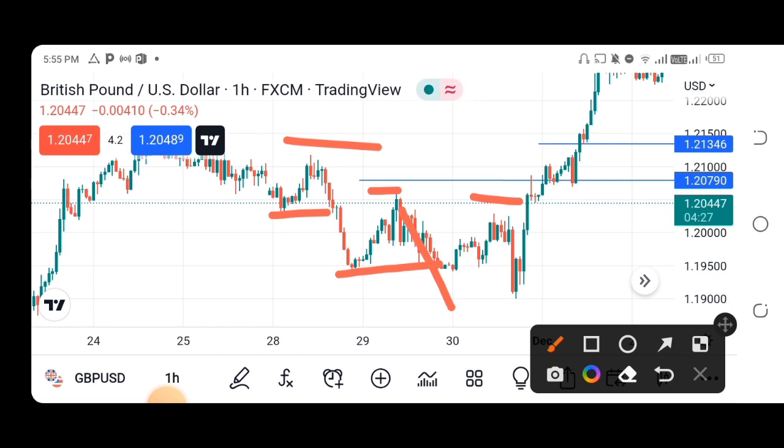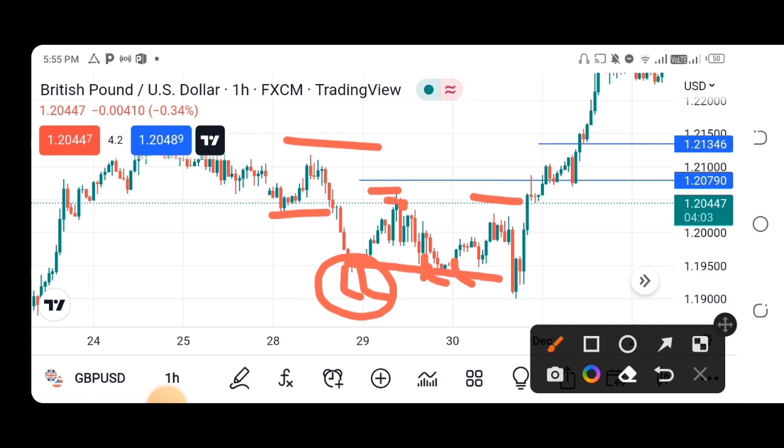So now this is it. This is the lower low still. This is not a lower low because it was not able to break this low. So you have only this as your lower low, and you'll be selling here. It's only when this is broken that you can consider it a lower low.